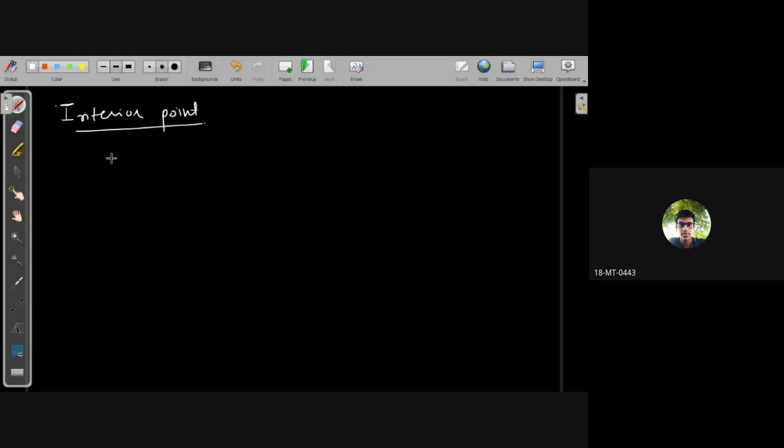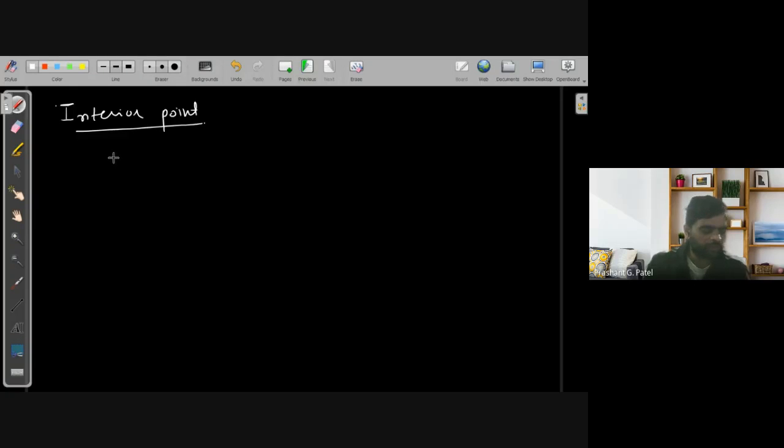Sir, if you can find an open sphere around that point which is entirely in the set, then definitely. Yes. So if I want to say that a point x is an interior point of the set A, this point is the center of some open sphere which is entirely in that set.